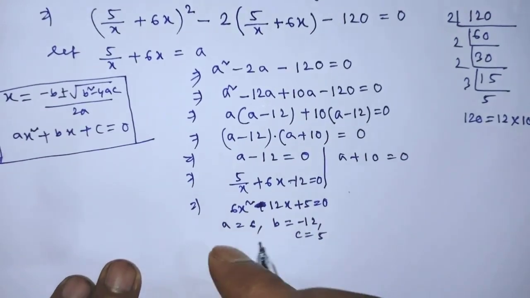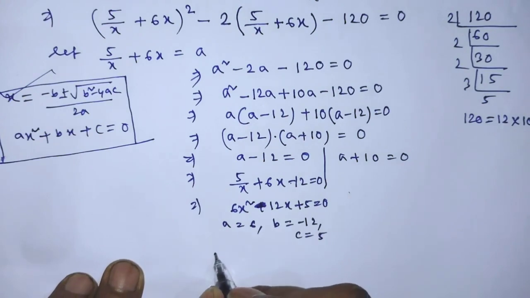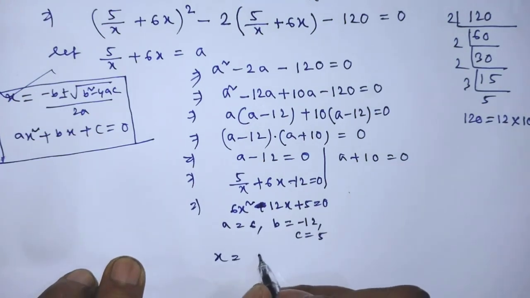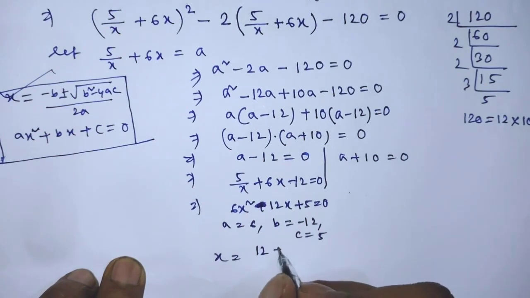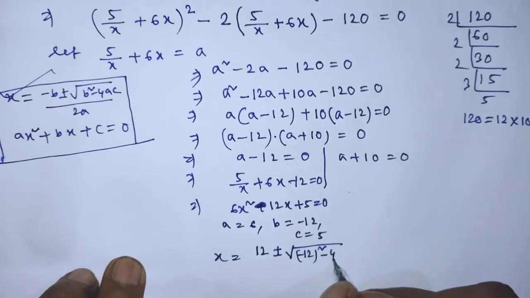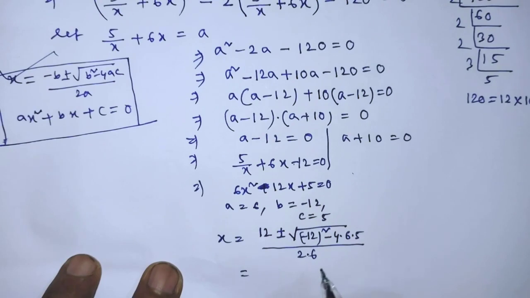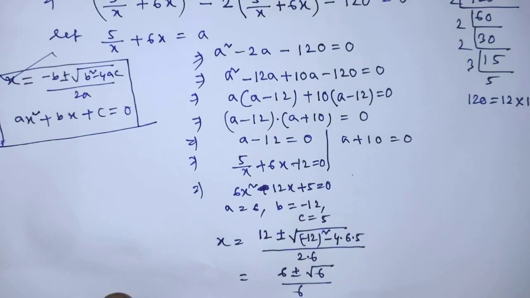So guys, according to Sridharacharya formula, we can write from this equation x is equal to 12 plus minus square root of (minus 12) whole to the power 2 minus 4 times 6 times 5 over 2 times 6. So guys, after calculation, we can write in here 6 plus minus square root of 6 over 6. This is the value of x.